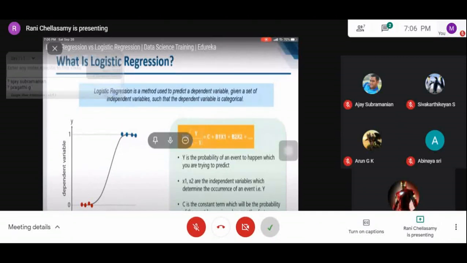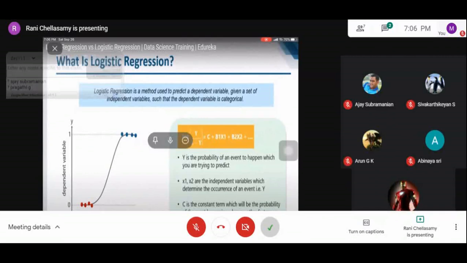Let's say that the final probability of an event occurring is 0.6. What does this mean? Does the output belong to class 0 or class 1? When we face such a situation, we have to set a threshold value. Let us take the threshold value as 0.5.